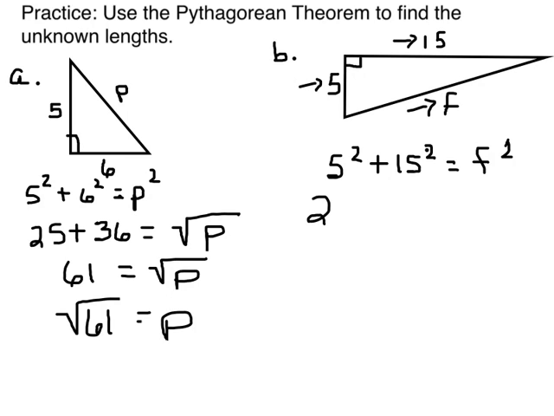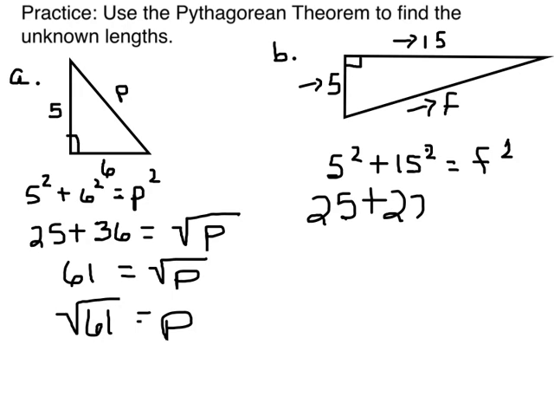Alright, now I happen to know that 5 squared is 25, and 15 squared, 15 times 15, is actually 225.